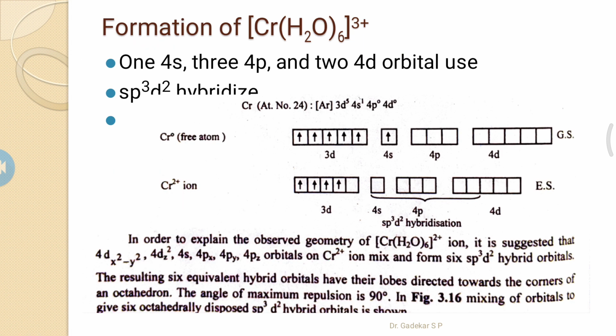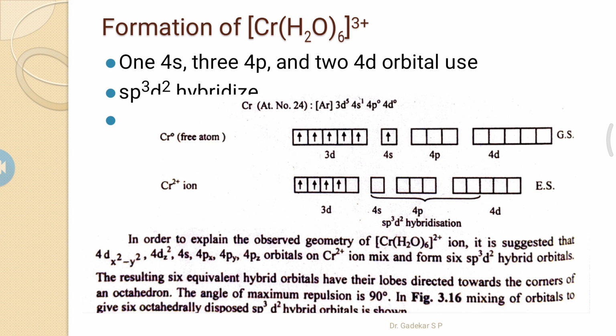So here we consider the hexaaqua chromium complex. This hexaaqua chromium complex involves sp3d2 types of hybridization. Okay, it involves 6 water molecules, which form an octahedral complex. Okay, so these water molecules are weak field ligands.